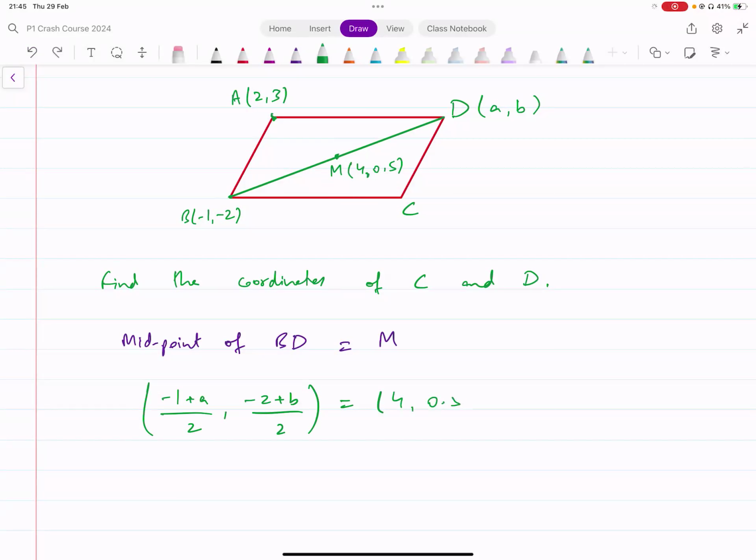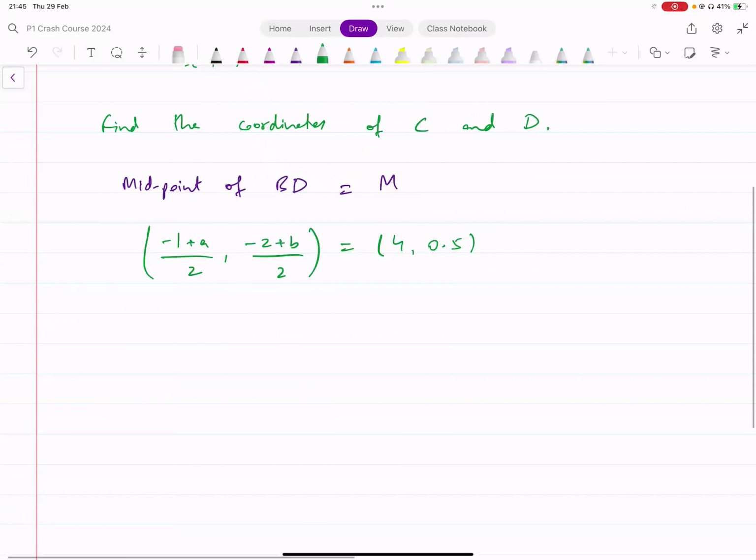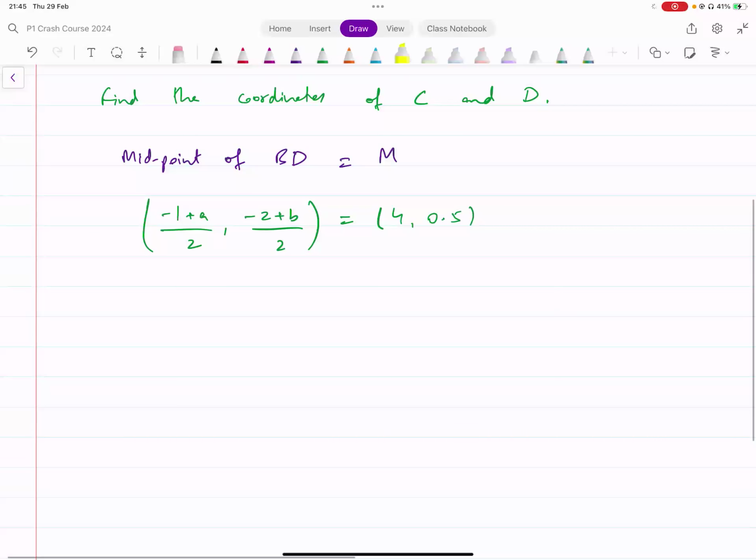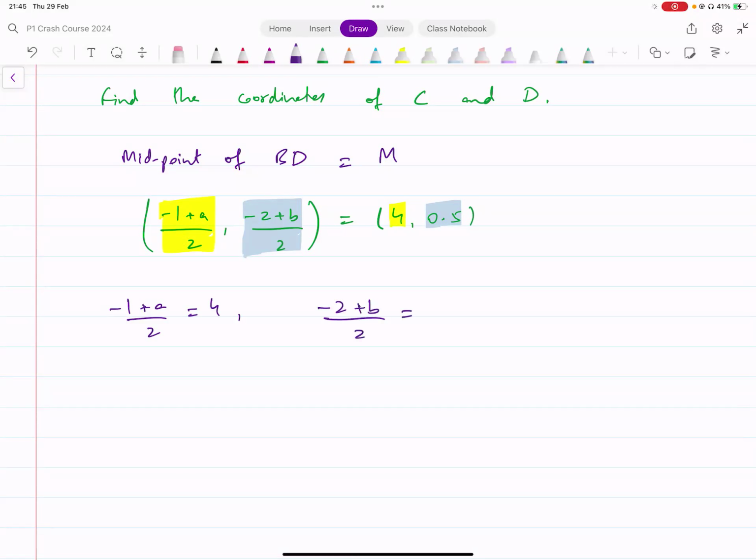This is one idea: you use the midpoint formula. Minus 1 plus A over 2 is the X coordinate of the midpoint that you have found, and they have given this X coordinate to be 4. The Y coordinate that you have found is minus 2 plus B over 2, and they have given the Y coordinate to be 0.5. So you could make two equations: minus 1 plus A over 2 equals 4, and minus 2 plus B divided by 2 equals 0.5.